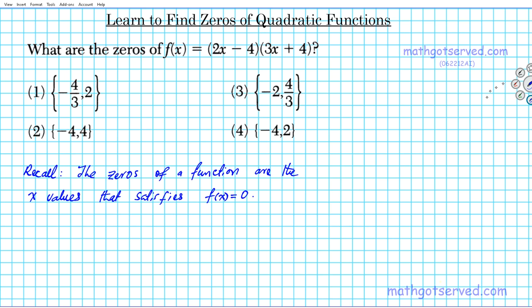of that function. Okay, so these are the steps that we're going to employ to find the zeros of this function. As the fact to recollect here indicates, we're going to set the function equal to 0. Okay, so set up a quadratic equation, and then we're going to solve for x.